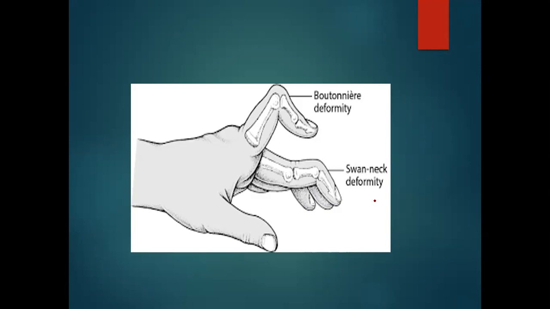A lot of times they'll say flexion of the PIP for boutonniere, and the swan neck would be extension of the PIP with flexion of the DIP, and that's a swan neck deformity. So just be sure that you understand those, as those are high yield just because they're testable.